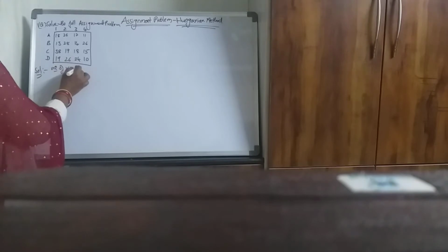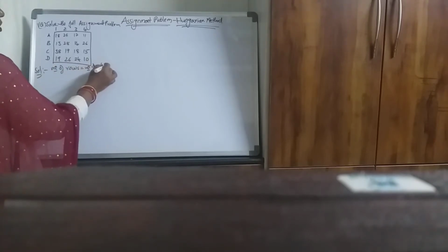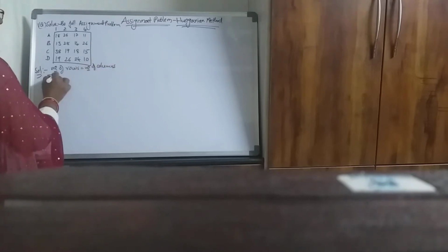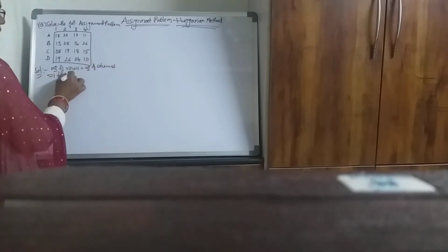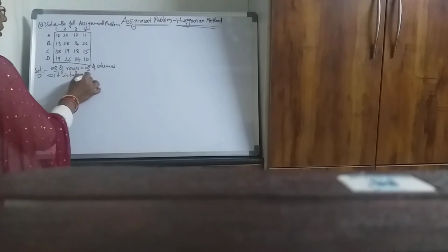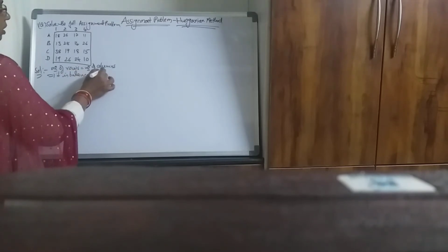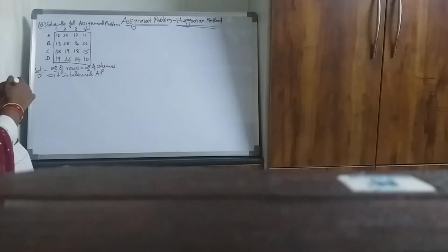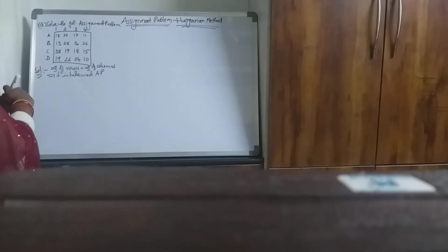So first what you have to check is whether number of rows is equal to number of columns or not. So here number of rows is 4 and number of columns is also 4. So number of rows is equal to number of columns. So it is a balanced assignment problem. Similarly, same as transportation problem. If number of rows is not equal to number of columns, then it is an unbalanced assignment problem.